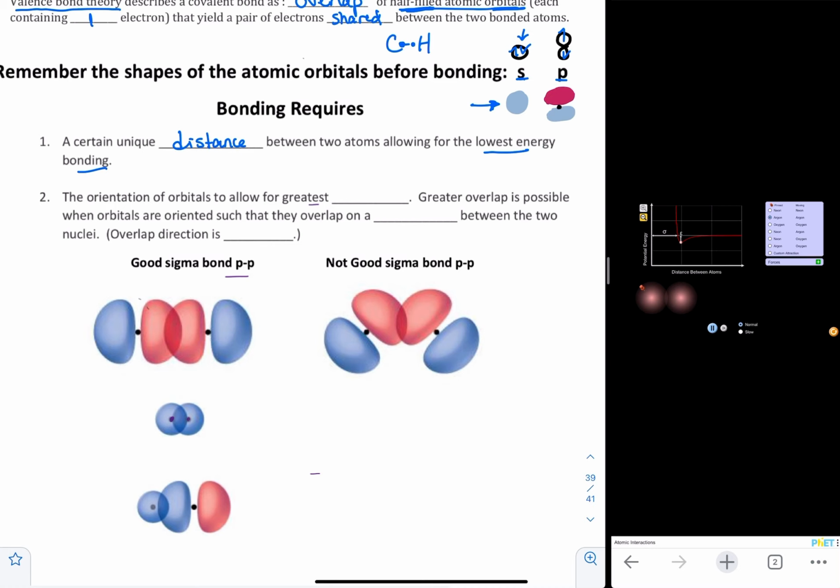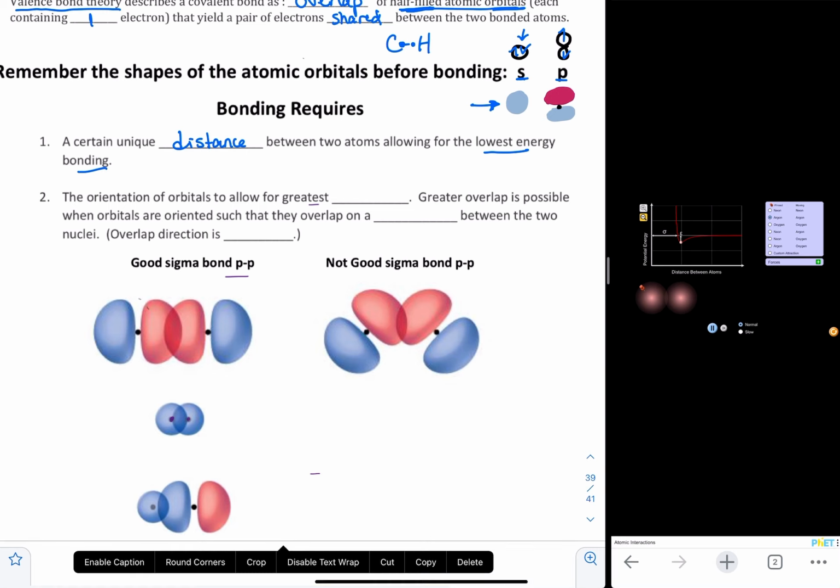What you also need to know is it has to be oriented for the greatest overlap. This doesn't matter as much for the s orbitals because they are both circular, so you can't mess up how you overlap circular things. Anywhere you put them, they're going to be overlapped, right? This is a bigger issue when we're dealing with p orbitals.